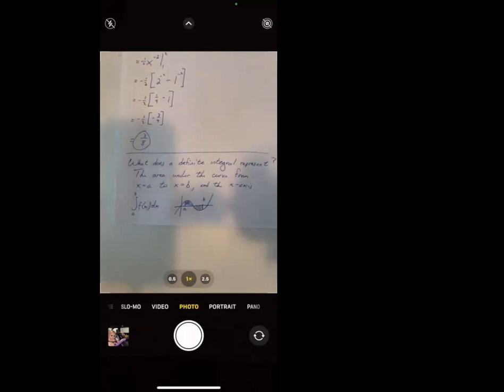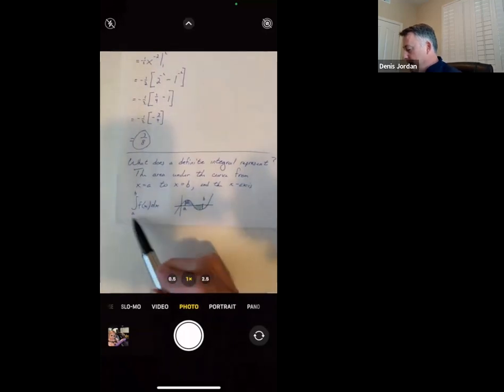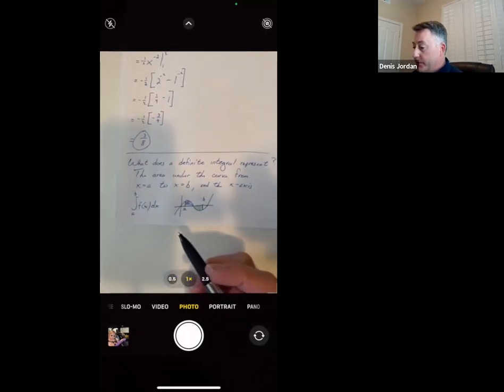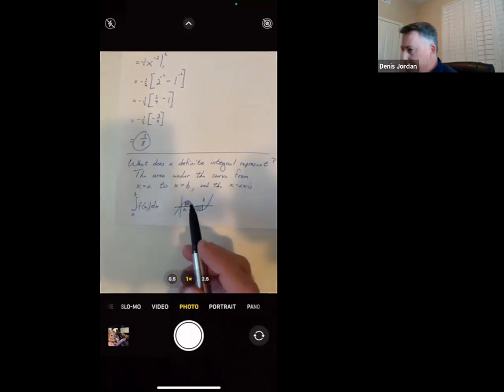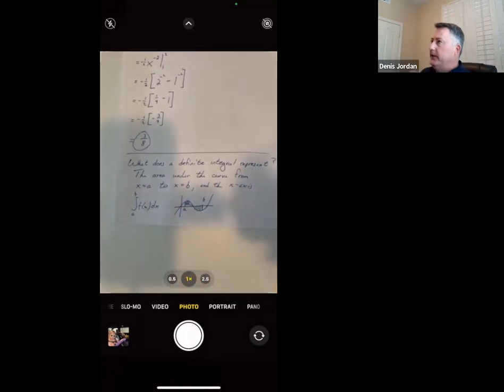A negative. So it's possible for these things to come out negative, which is okay. Don't assume, oh my gosh, I did it wrong. It is possible to come out negative. It's giving you a net area. So if it comes out negative, it's just saying, hey, most of the actual area is underneath the x-axis.